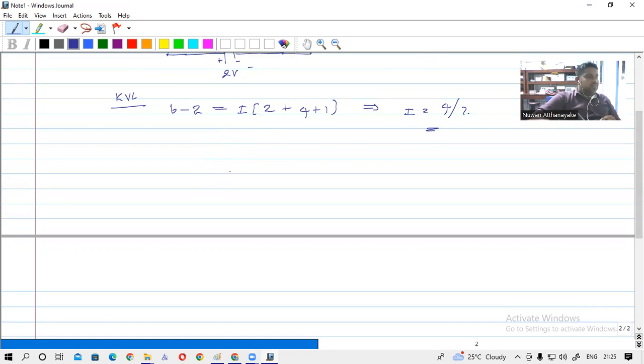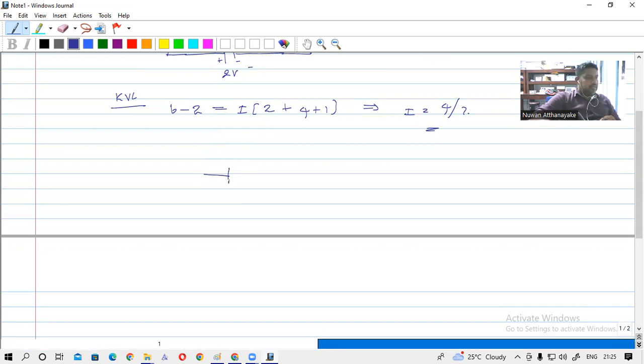If you consider a battery with internal resistance, we can represent this internal resistance in series with the battery. So if you consider a battery with EMF, and the internal resistance is simply R, that battery can be represented like this.